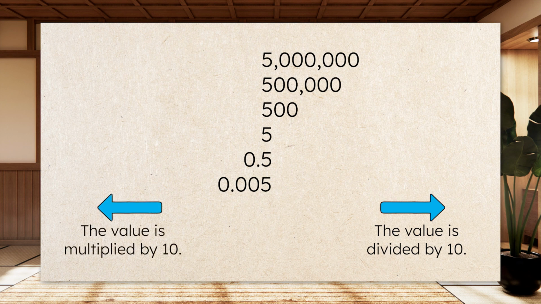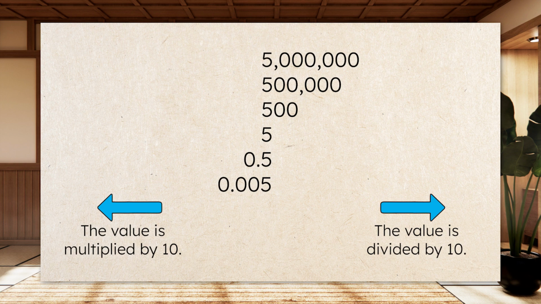Each time it moves one place to the left, the value is multiplied by 10. This is because our number system is based on powers of 10. This pattern helps us understand how place value works in both decimal and whole numbers, and we can extend this pattern to multiply or divide by powers of 10, such as 10, 100, 1,000, or more.